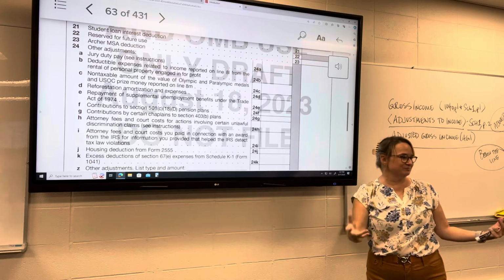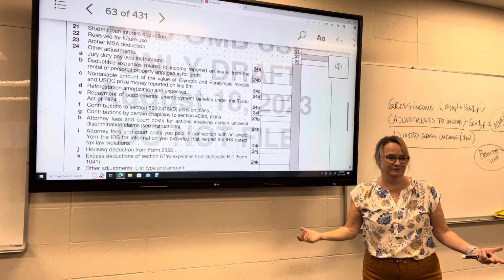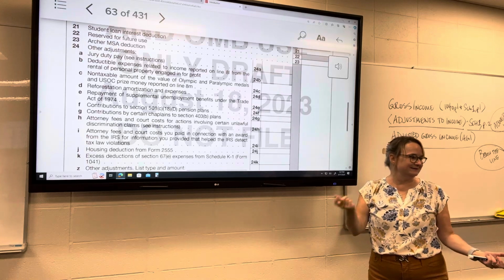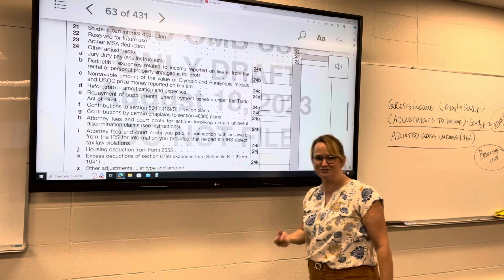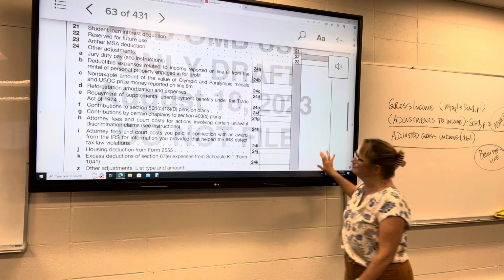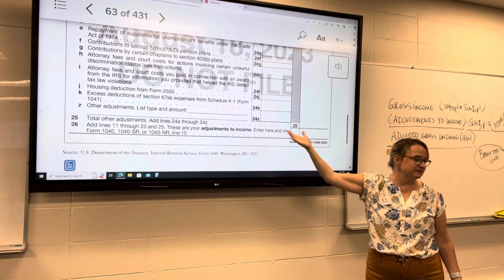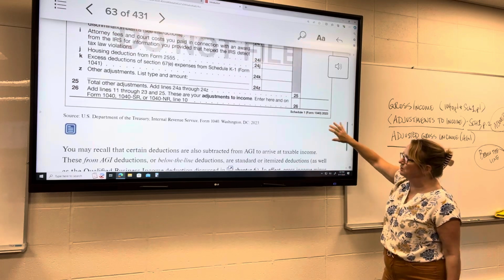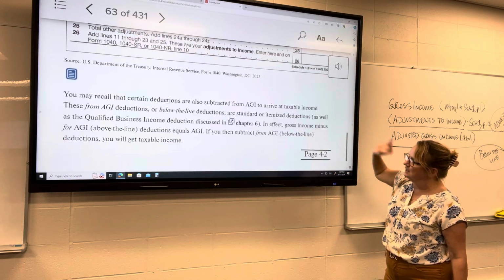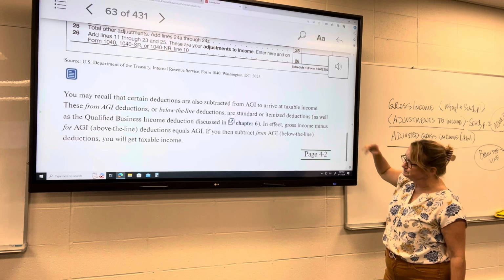I don't even think they're real gold anymore. There's very little precious metal actually in those things. I don't know what the value would be. Anyway, and then of course a spot for other adjustments, something that doesn't fit but is part of the tax code that you could arrive at.